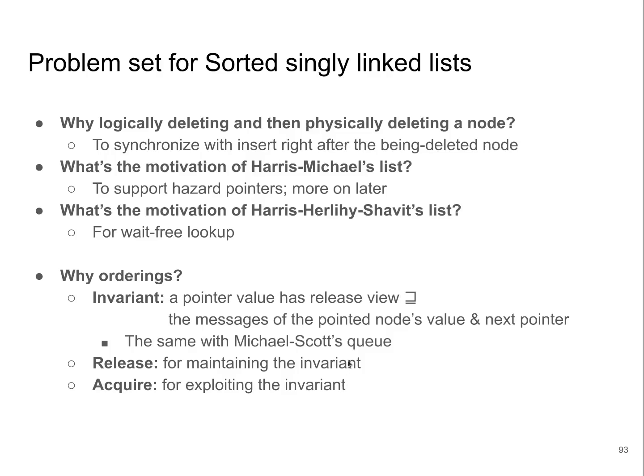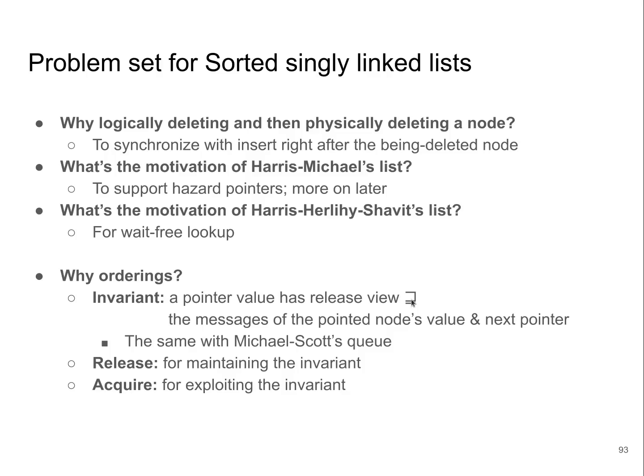And that's basically the reason why all the orderings should be acquired or released, or can be relaxed, etc. And you can read other orderings as well, and their reasons are almost the same as what I just described for the find strategies. So it must be released for the same reason, that the invariant should be maintained for the self.prev pointer, etc. So that's basically the reason.